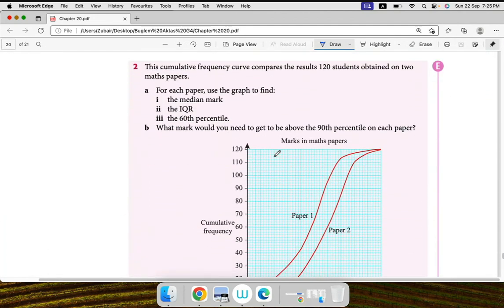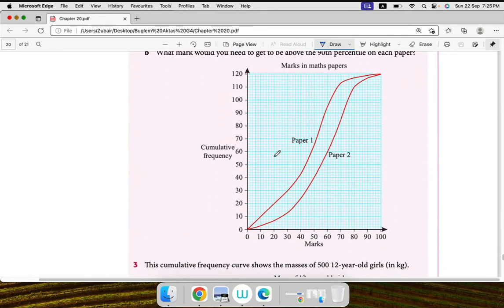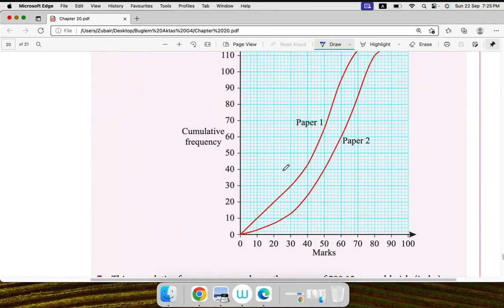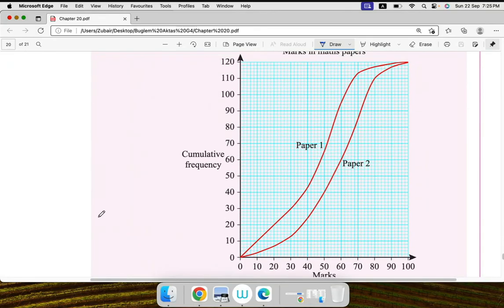The cumulative frequency curve, whatever it is, before reading that, what do you think? Paper 1 was easy or paper 2? I think paper 1 was easier because it's more steep.